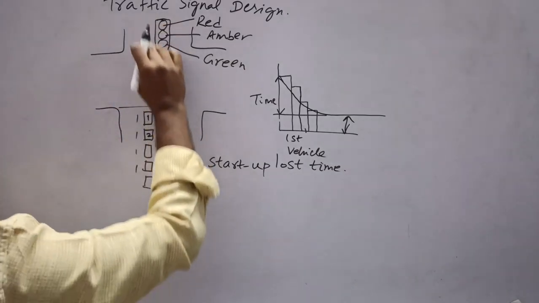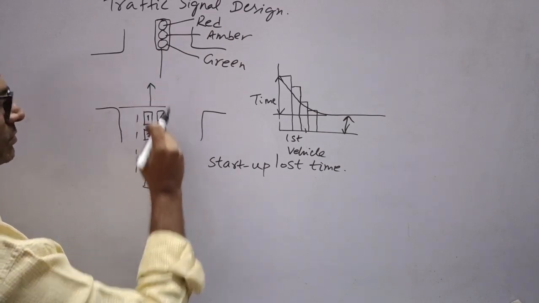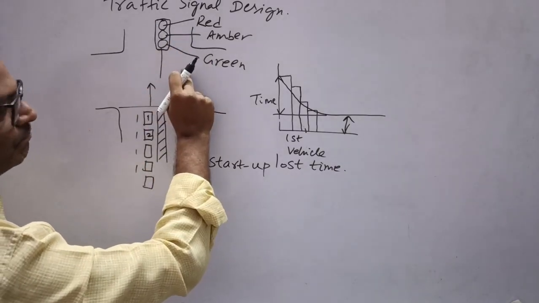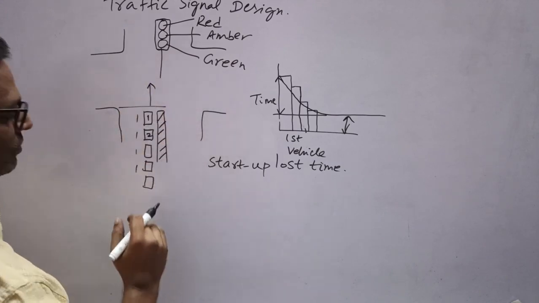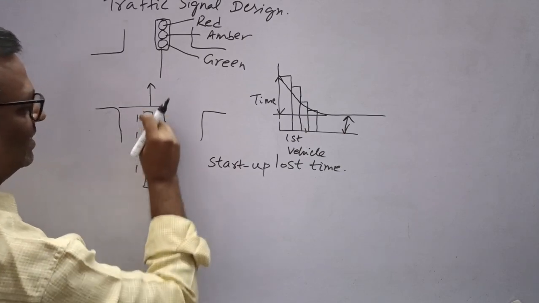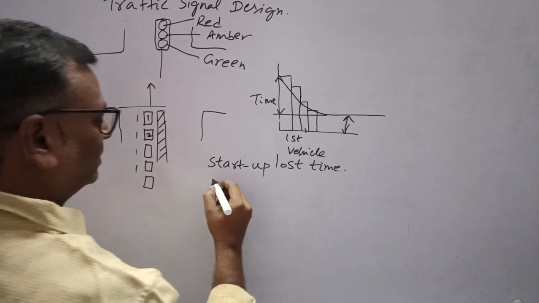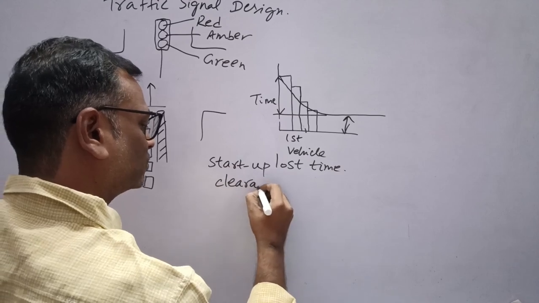So we can't leave this area, so better we decelerate and stop the vehicle here. Even if the signal is allowing, we are decelerating the vehicles and stopping them here. That is also lost time, called clearance lost time.